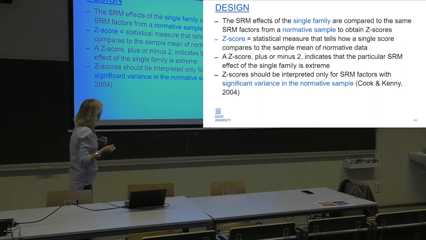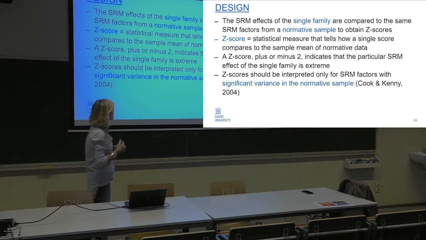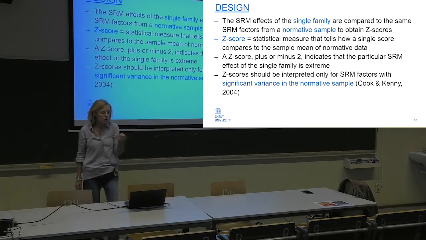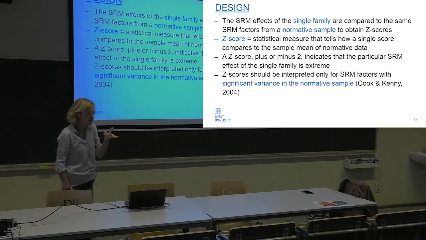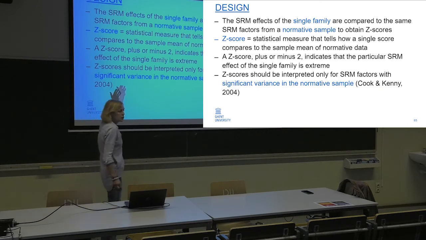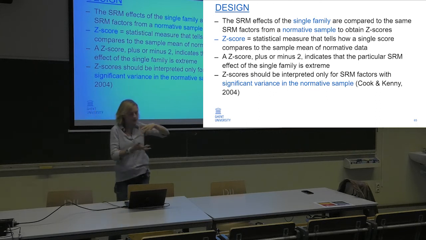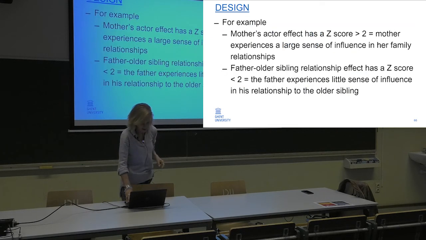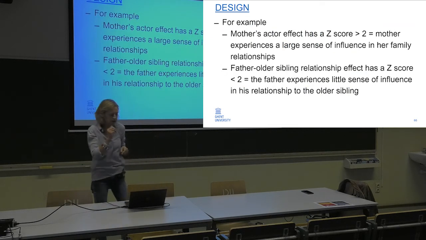Okay, that score should be interpreted only for SRM factors with, and that's important, significant variance. So if you have, for instance, no actor effect, then it's also not useful to calculate the Z-score. Yeah? So it's only about what's going on in your normative sample, and then you can compare your clinical family with that.